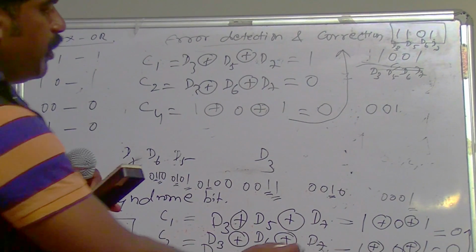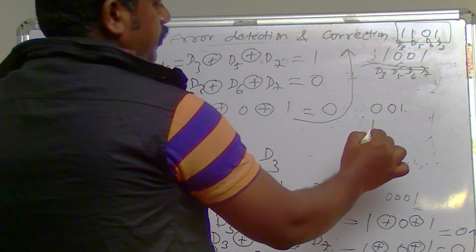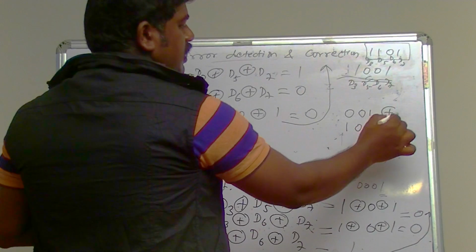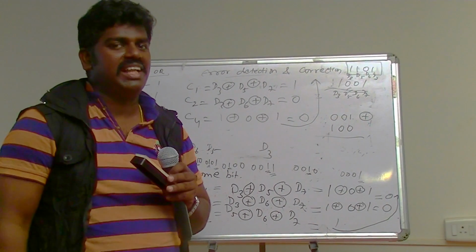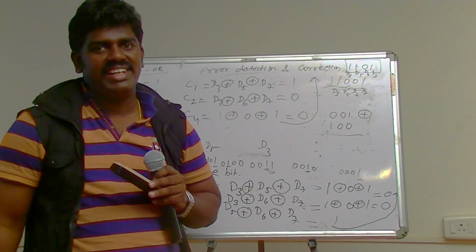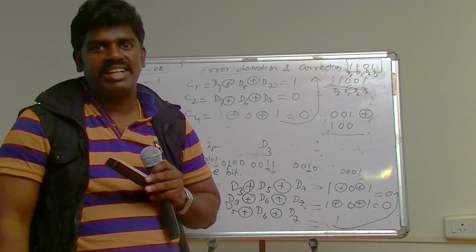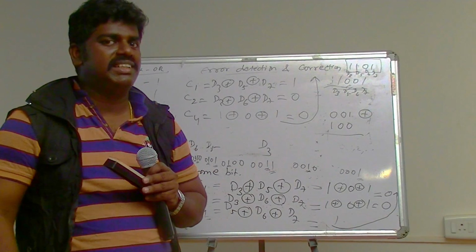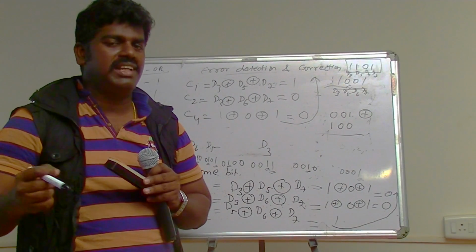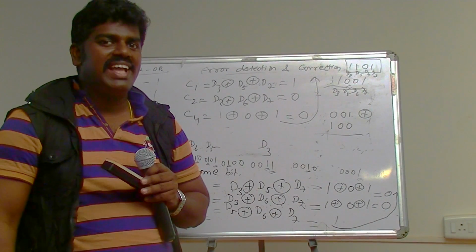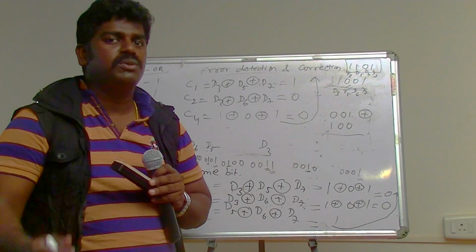Initially you got 1, 0, 0. Now just find the exclusive OR of these two syndrome words. Now you are very clear with the syndrome word, right? How are we calculating the syndrome word? We have 3 check bits, C1, C2 and C4. For that we identified which data bits are associated with it, and found an exclusive OR for it.